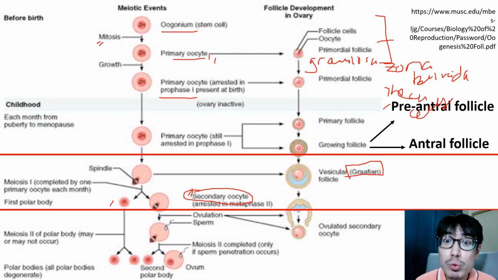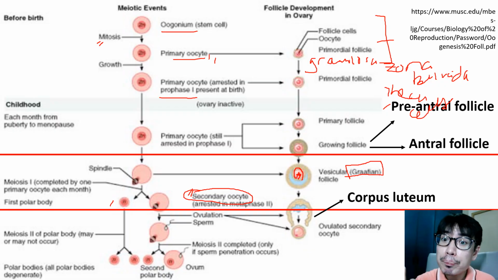Ovulation is the process when the thin walls of the follicle and the ovary rupture. The secondary oocyte, surrounded by its tightly adhering zona pellucida and granulosa cells, is carried out of the ovary and into the fallopian tube.